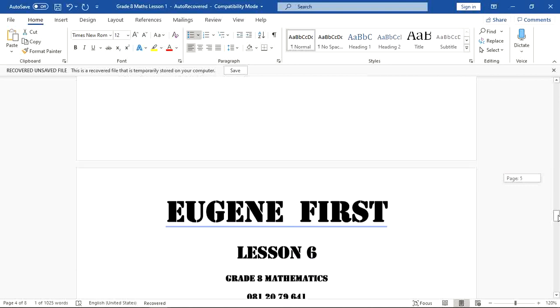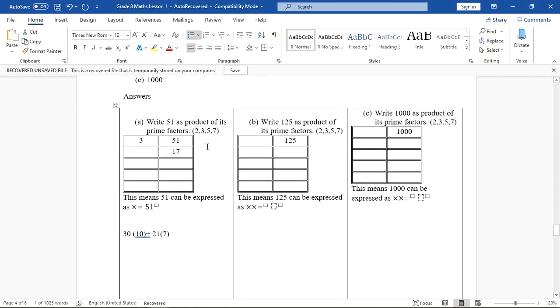So we say 17 divided by 17. What do we get? We get number 1. The moment you get the 1, that is when you stop. So the prime factors of 51 are 3 and 17. We can say that 51 can be written as 3 times 17. And this is your final answer. These are the prime factors of 51.